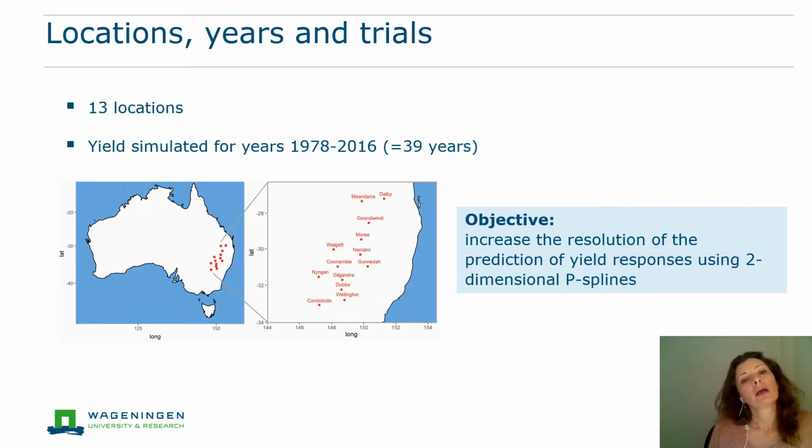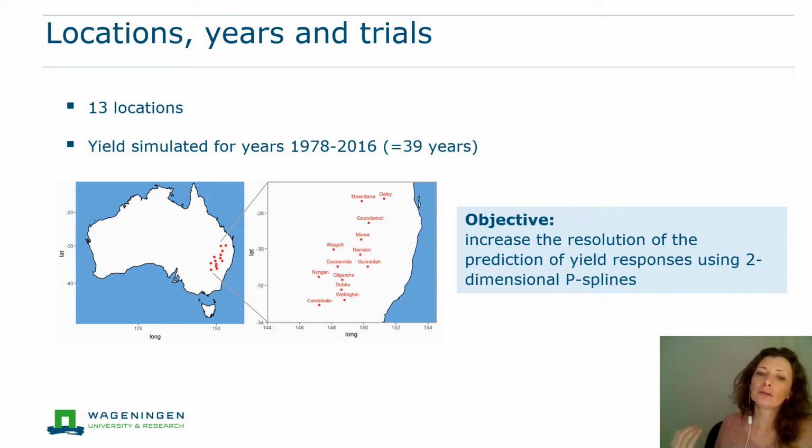These genotypes were evaluated in 13 locations in Queensland, in Australia, and were run for 39 years. The objective of these massive data sets in terms of years especially was to enable us to fit two-dimensional splines.